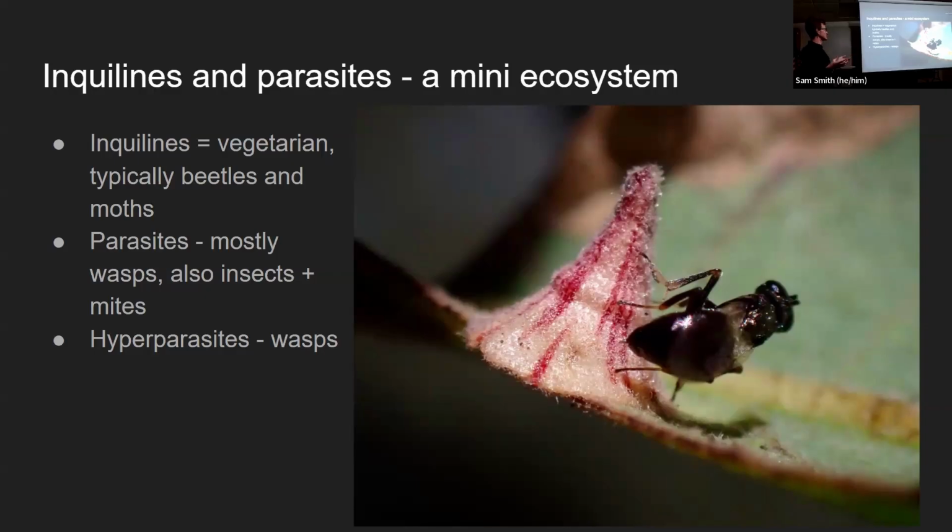But with that same species, looking at a chalcid parasitic wasp, only 20% of those gall wasps didn't develop. So it's not a one-to-one thing where the inquilines are fine for the gall wasp and the parasites are bad. It's just this whole tangled mess of different relationships. So you really have to look at each interaction between the gall former and the parasite or inquiline as its own thing.